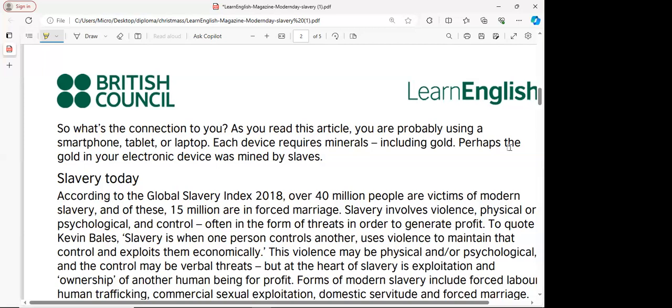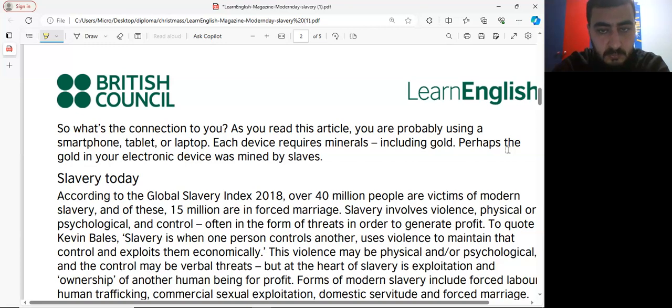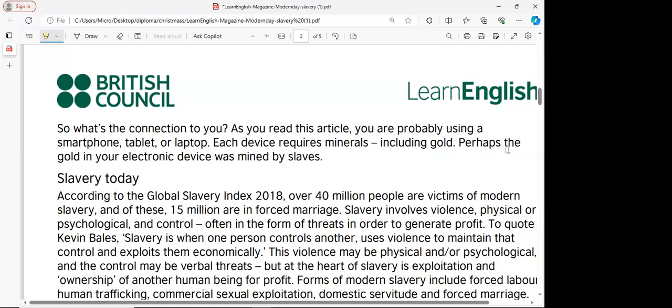As you read this article, you are probably using a smartphone, tablet, or laptop. Each device requires minerals, including gold. Perhaps the gold in your electronic device was mined by slaves.